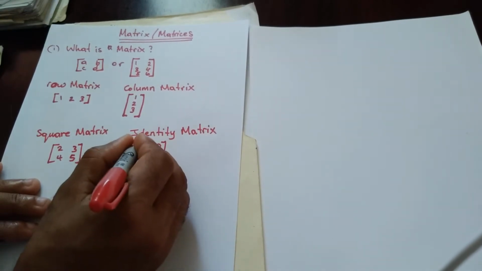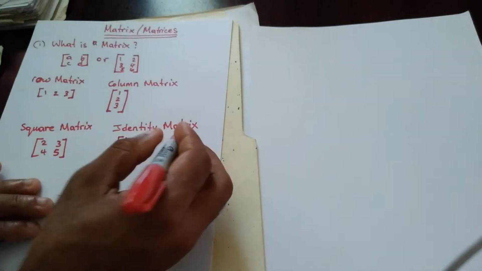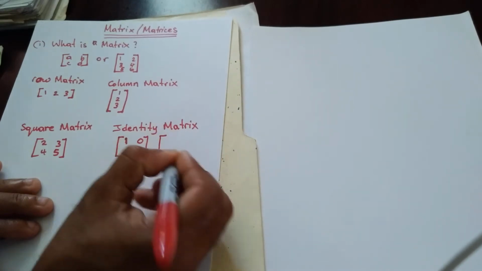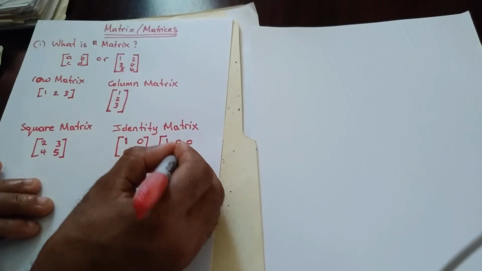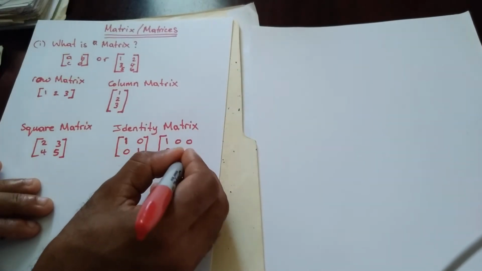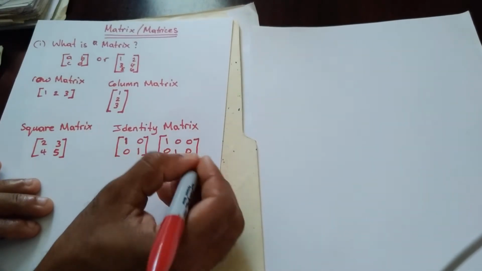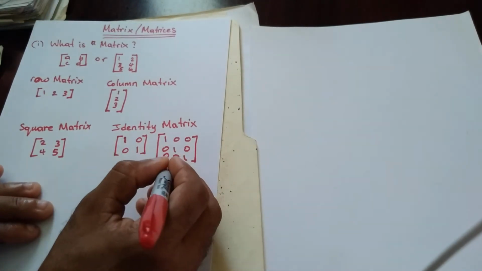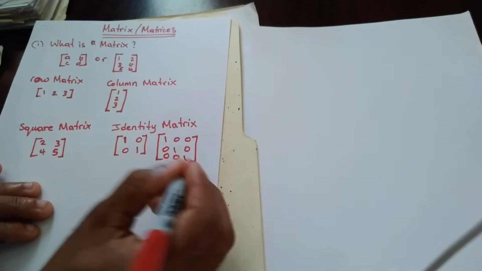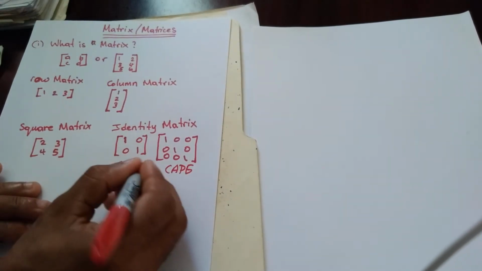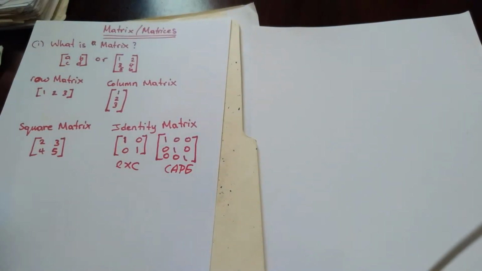So this is the identity matrix that they use in CXC. Usually in CAPE, for a 3 by 3, it's 1, 0, 0, 0, 1, 0, 0, 0, 1. So these are identity matrices. This one you use in CAPE. This one you use in CXC or CSEC.